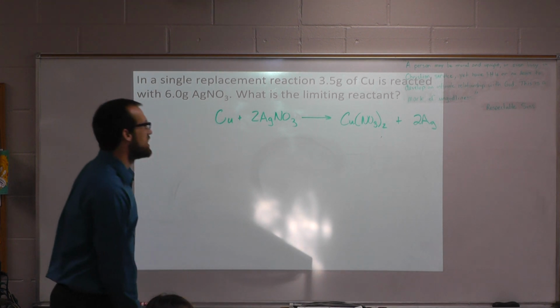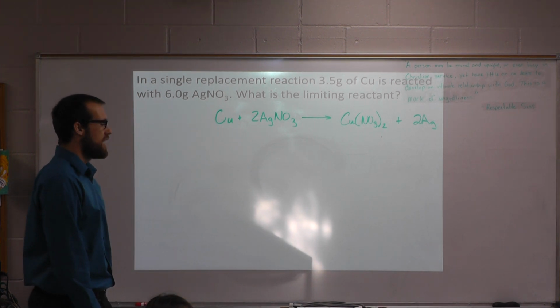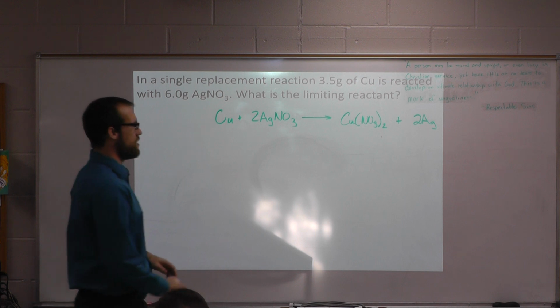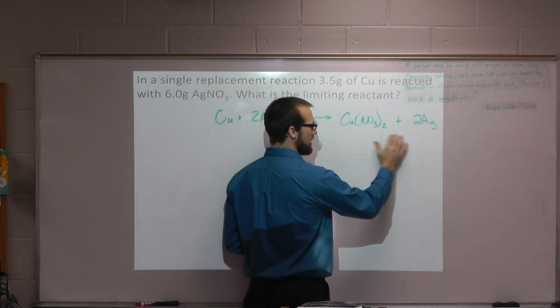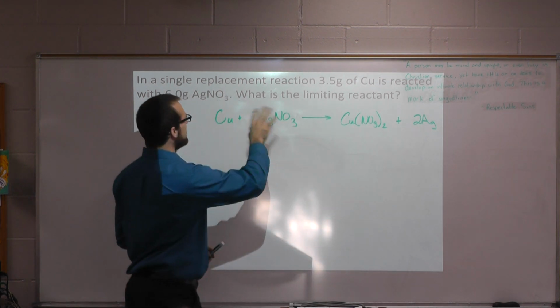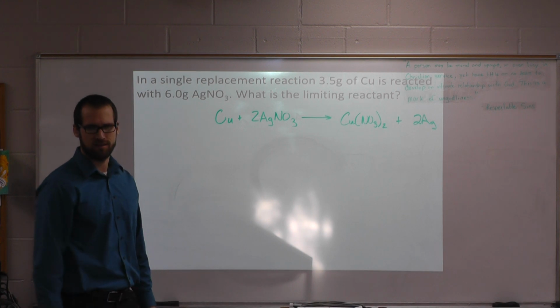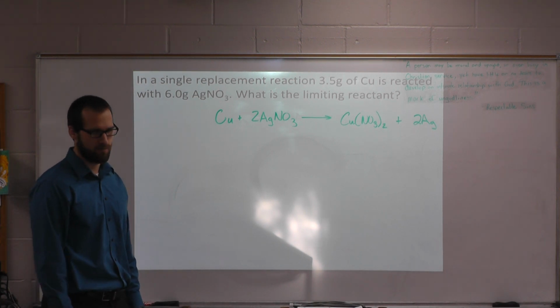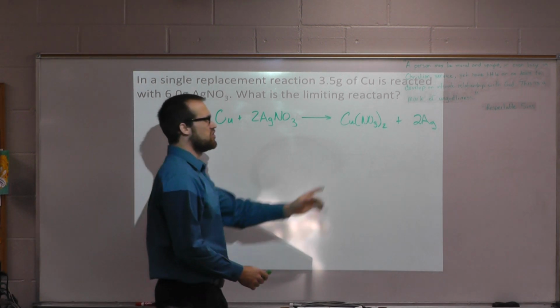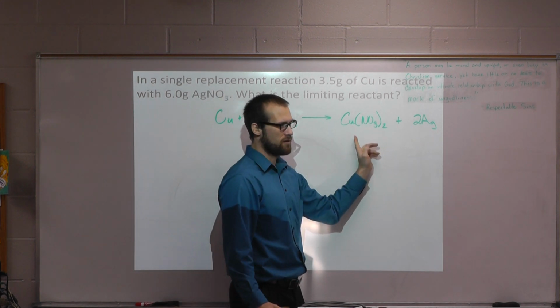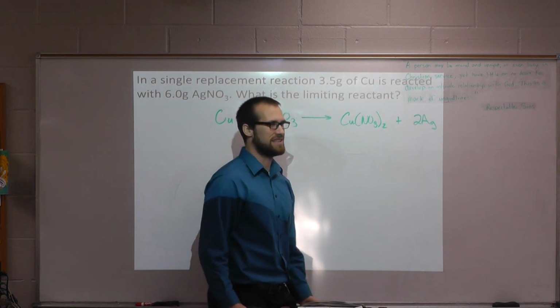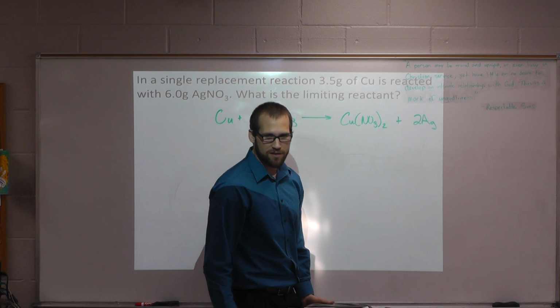What we're going to do is we are actually going to solve for whatever product we want. It doesn't ask us for any specific product up here, does it? It just wants us to know the limiting reactant. So I'm going to choose which product I want to solve for. Which one's going to be easier to solve for? Ag.